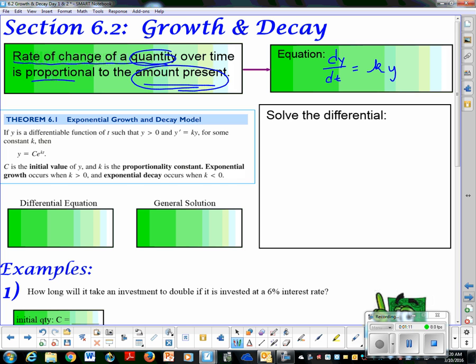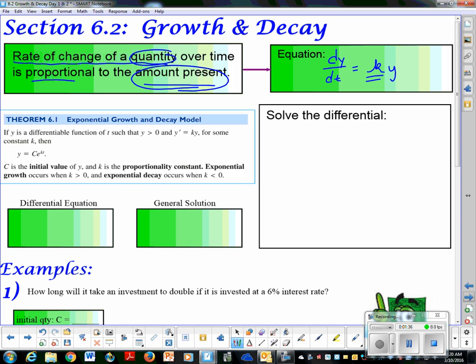So the rate of change of some quantity with respect to time is proportional to, we pick up that proportionality constant, the amount present, y. So we have some quantity y that was on hand.